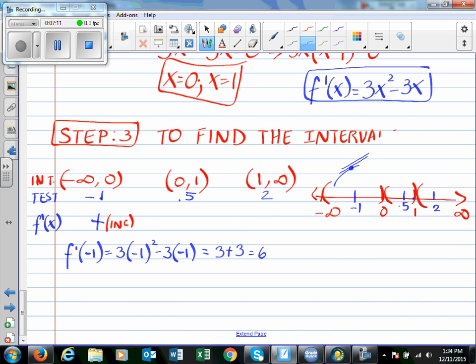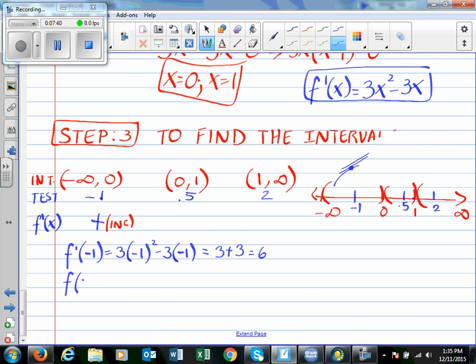Now pick the value, plug in the number in f prime. That's the difference between max and this increasing. So because the interval is negative infinity to 0, the function is increasing. Now we are going to go to f prime of 0.5.